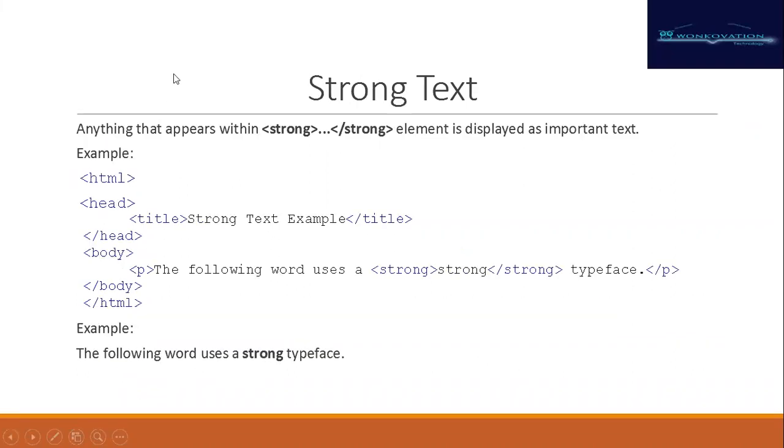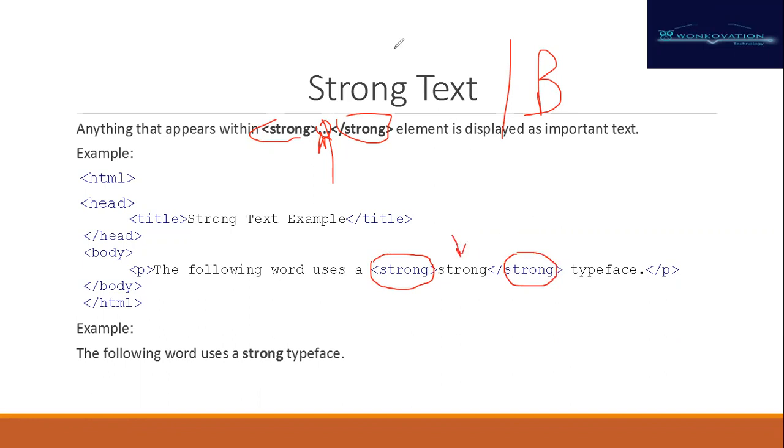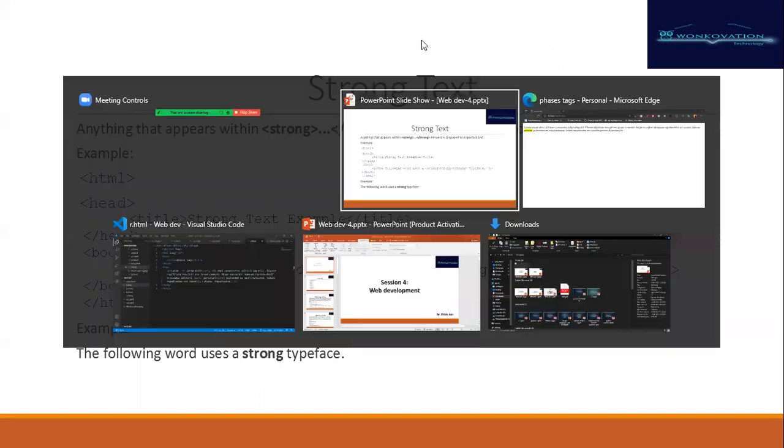So moving further, there is one more: strong text. In strong text, we will use strong with the closing bracket, and whatever we write inside this will become bold. So it will be used like bold, but it gives more importance and tells the browser to be strong, to focus more on this text. So how can we use it? By strong.